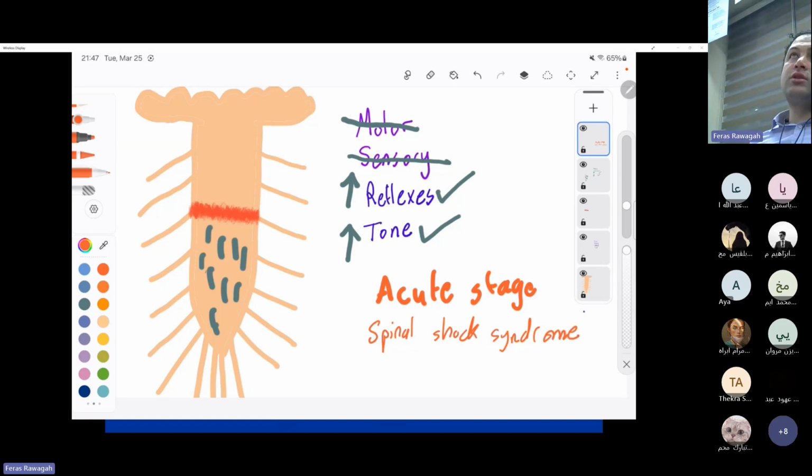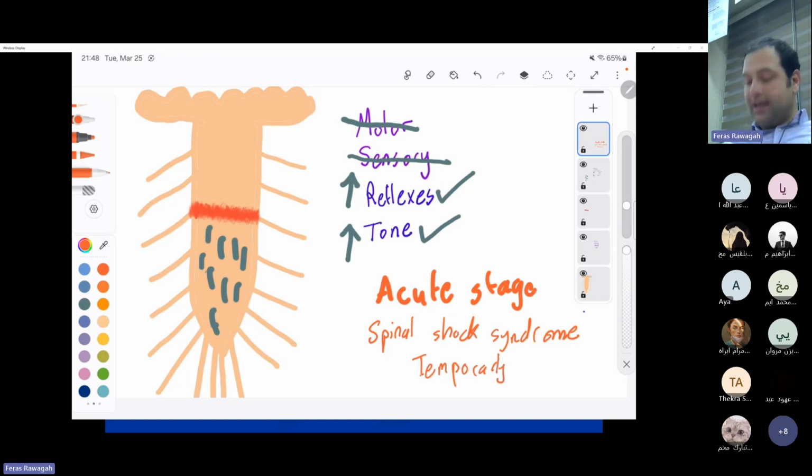What is spinal shock syndrome? Spinal shock syndrome is the loss of all neurological functions of the spinal cord below the level of injury. Again, spinal shock syndrome is the loss of all spinal cord functions below the level of injury temporarily. So it's a temporary thing.